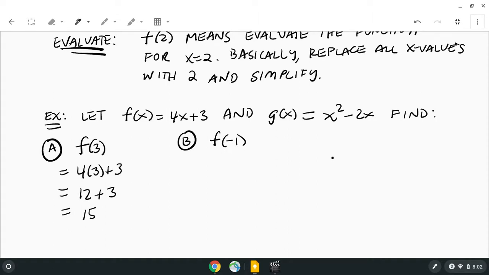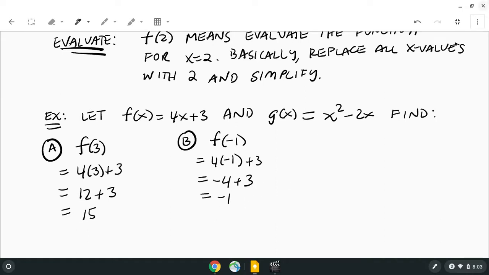Go ahead and hit the pause button and give it a try, and then come back and see if you get the same answer. Okay, so you should have gotten -1.